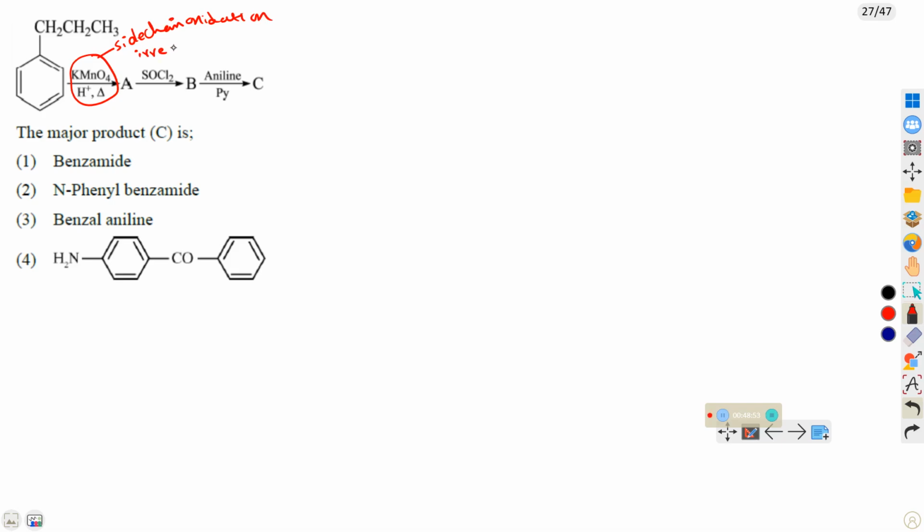And it gives A is equal to carboxylic acid. Alkyl group is converted to carboxylic acid.